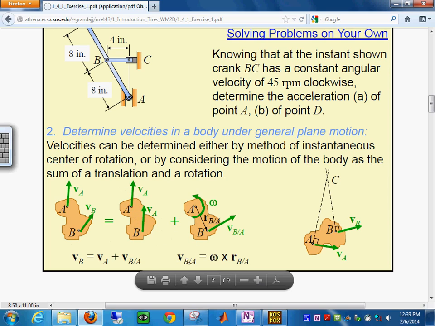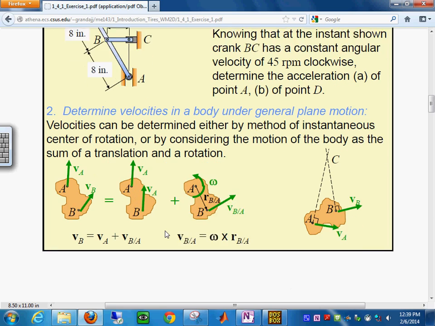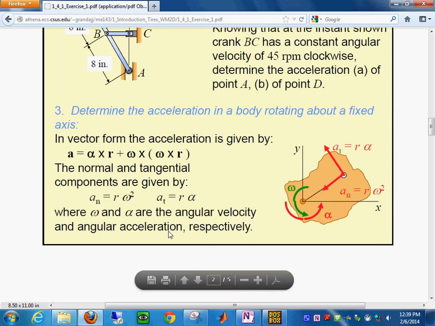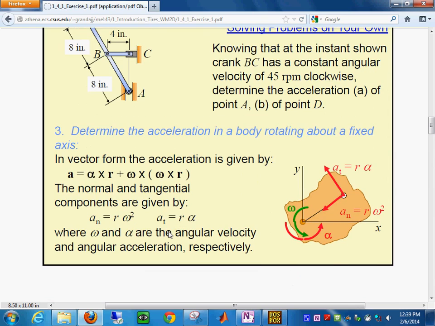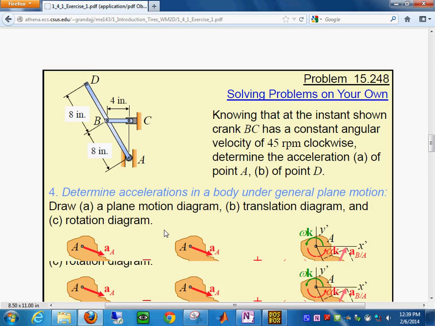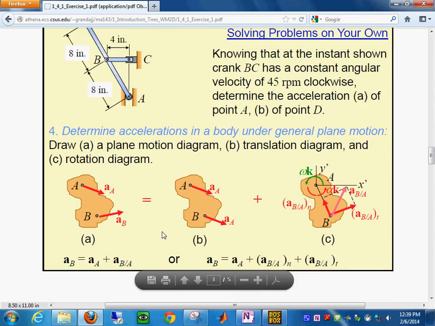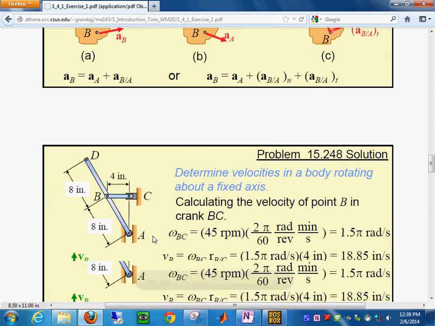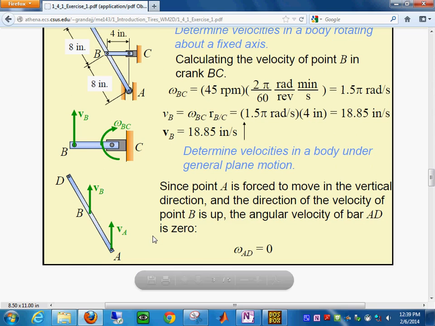The relative velocity, omega sub BA, is omega cross RBA. And this is for the acceleration, but let's get to the problem itself. It's another review. You can review this path acceleration. In this case, let's just go on and see.